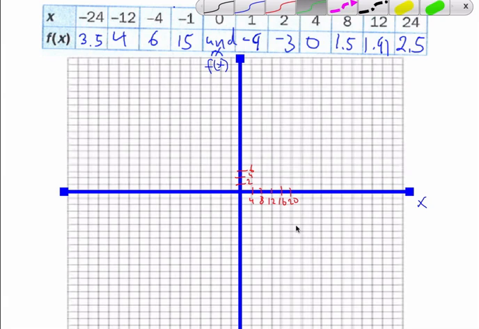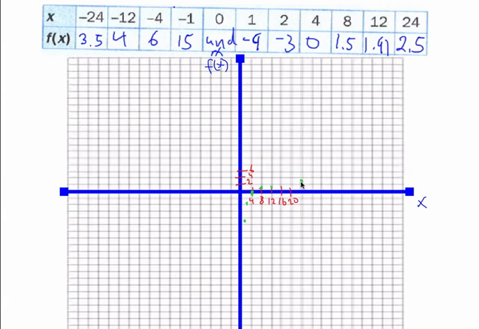So 1, negative 9 will be right here, and then down 6, 8, 9, right there. 2, negative 3 would be right there. 4, 0, so that's the next intercept. Then we have 8, 1.5 would be about there. 12, 1.91. 24, 2.5, right there.